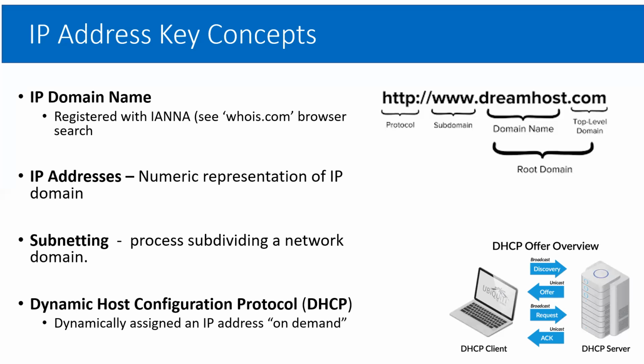Finally, on this chart, something called Dynamic Host Configuration Protocol, DHCP. That's what happens when you open your laptop and it connects to a Wi-Fi port. At that point, an internet protocol address is assigned to you. Behind the scenes, quickly, they discover you. There's an offer from the access point to say, I'm going to offer you an address.